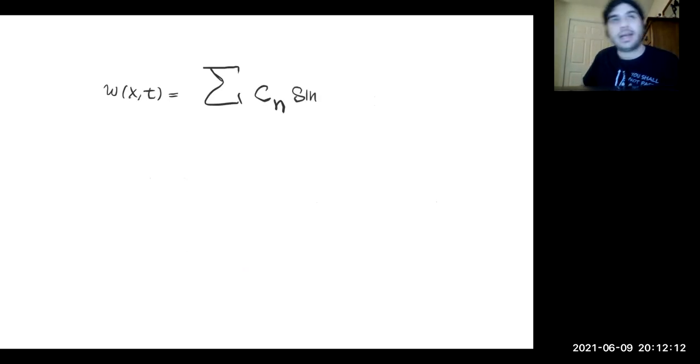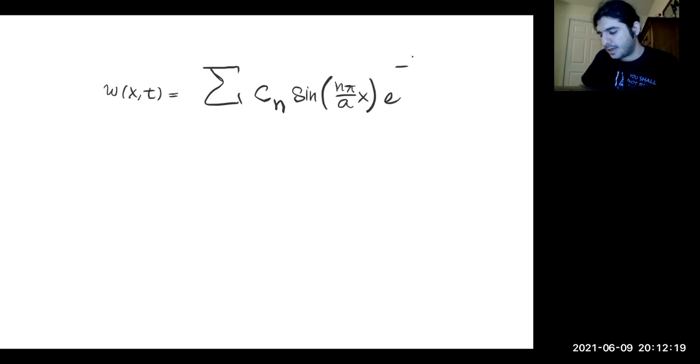So w of x and t is equal to sigma, some constant Cn, sine of lambda n x, which is n pi over a x, e to the minus n squared pi squared over a squared, this is lambda squared kt.